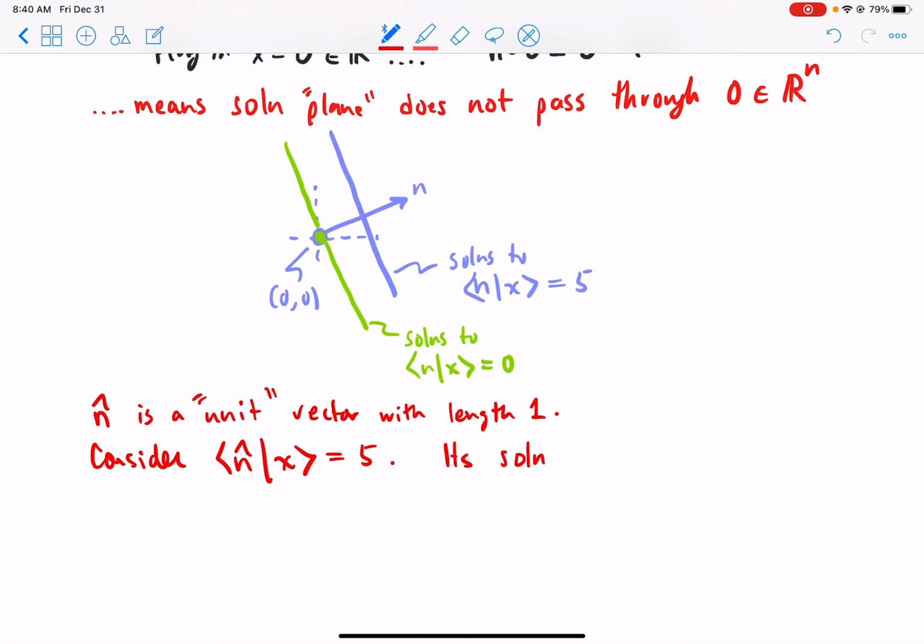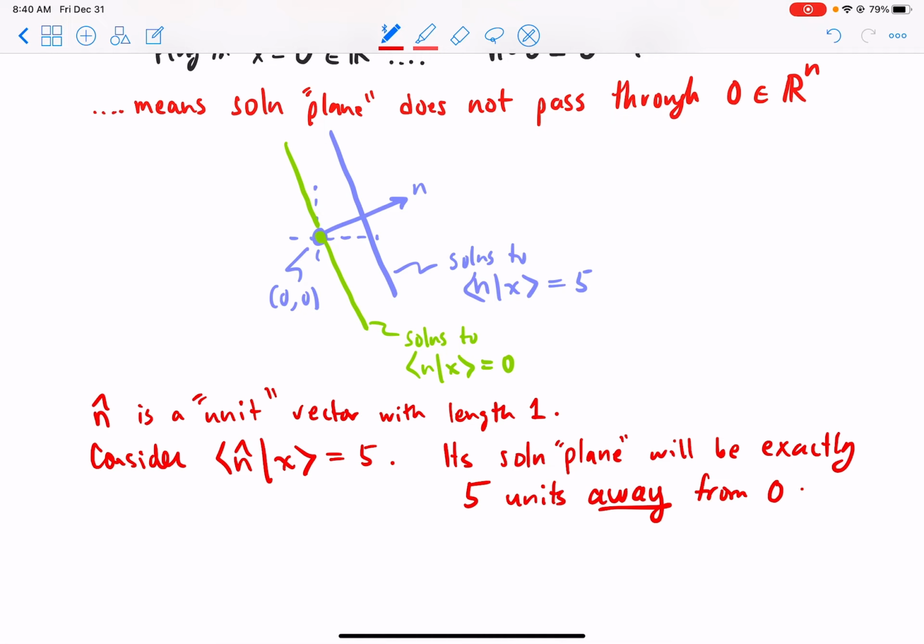Its solution plane, and plane here is just a word for any flat object, won't pass through the origin because we're shifted off by 5. But the key is it will be exactly 5 units away from the origin. Now we'll calculate with formulas.